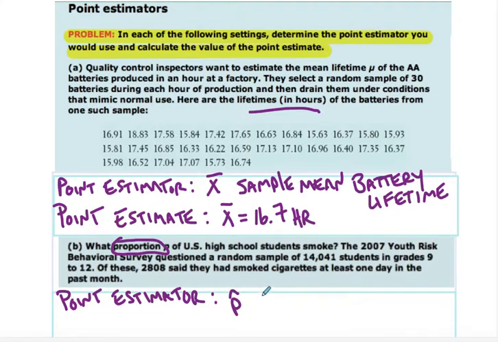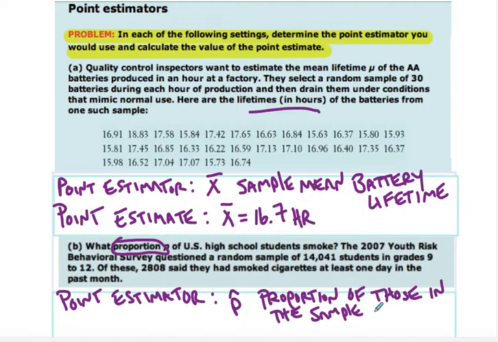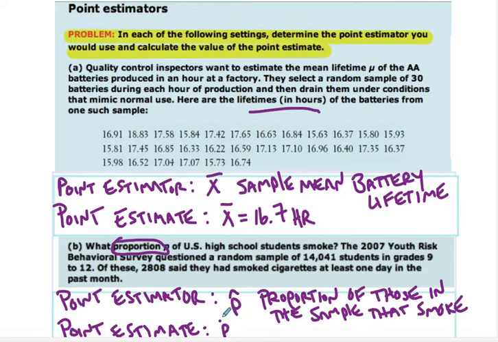This is the proportion of those in the sample that smoke. And then our point estimate would be actually figuring out that value. So what does p hat equal?